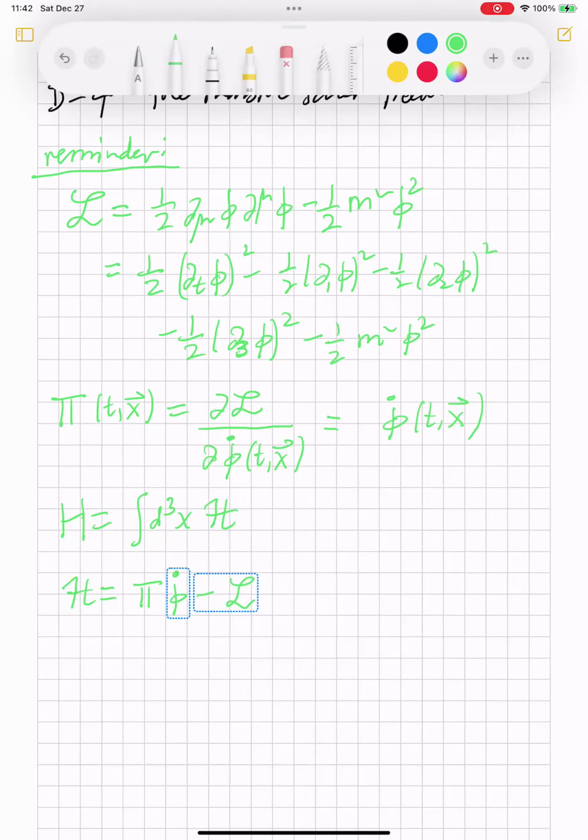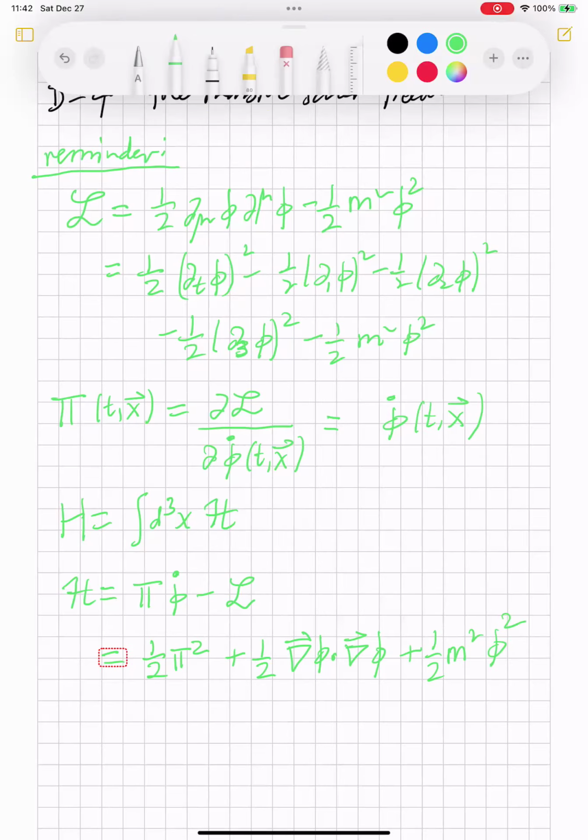If you work this out, please do check this, it's a very simple calculation. This is 1/2 pi squared plus 1/2 the gradient of phi dotted into the gradient of phi, which only has spatial derivatives, plus 1/2 m squared phi squared.